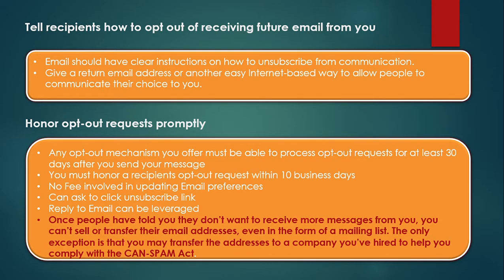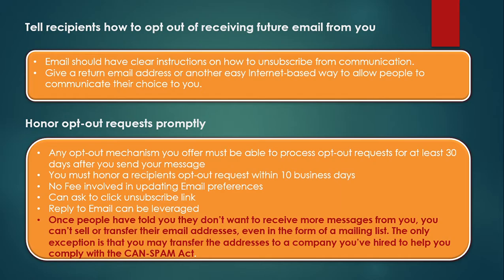Next thing comes after that only. Whenever a recipient opts out from your communication or your campaign, you need to act swiftly on that request. Any opt-out mechanism you offer must be able to process opt-out requests for at least 30 days after you send your messages.